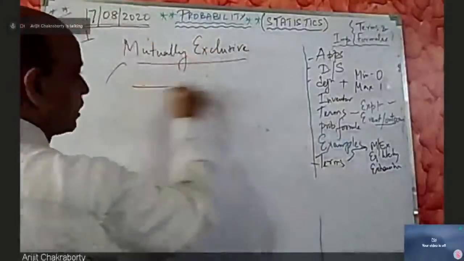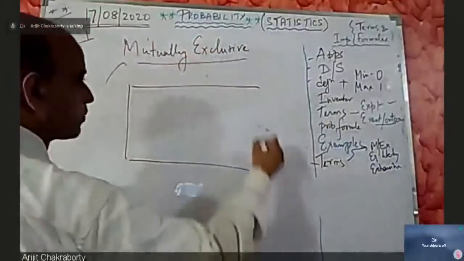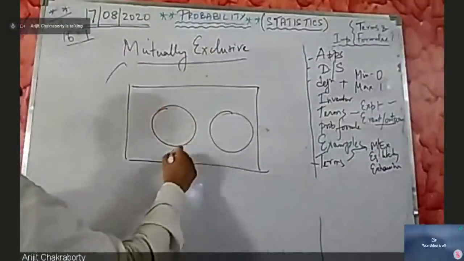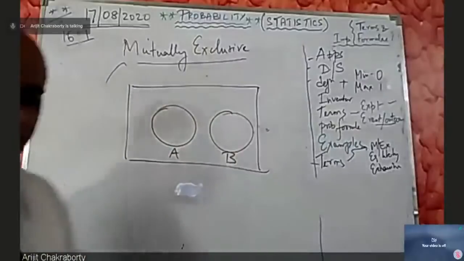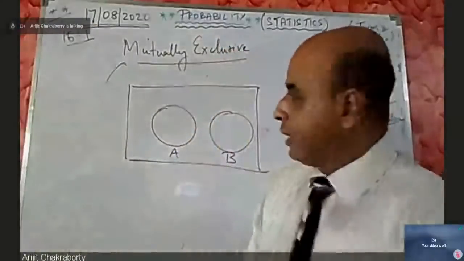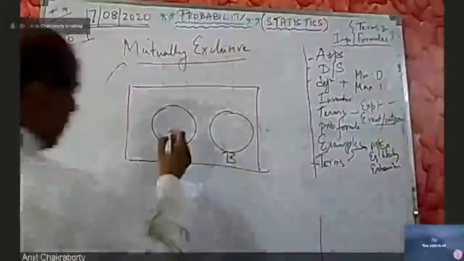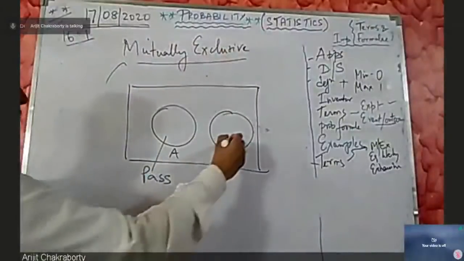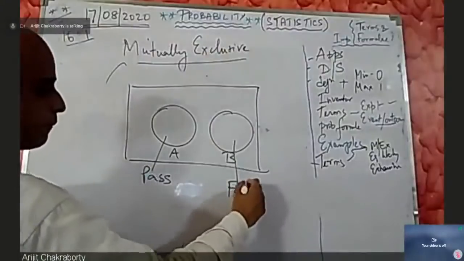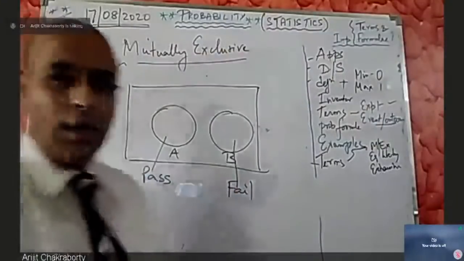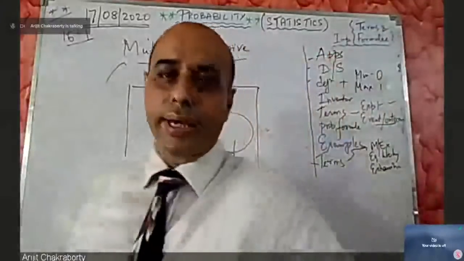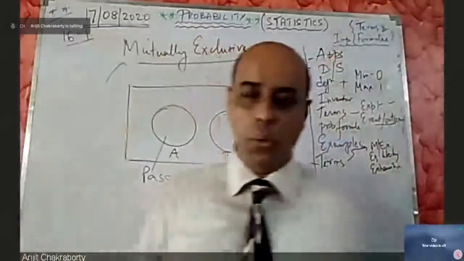Okay, so I'm trying to draw a Venn diagram. Two events A and B. The event A is passing in the exam. A is pass and B is fail. Can they happen together? That means in the same exam, can I pass and fail together?